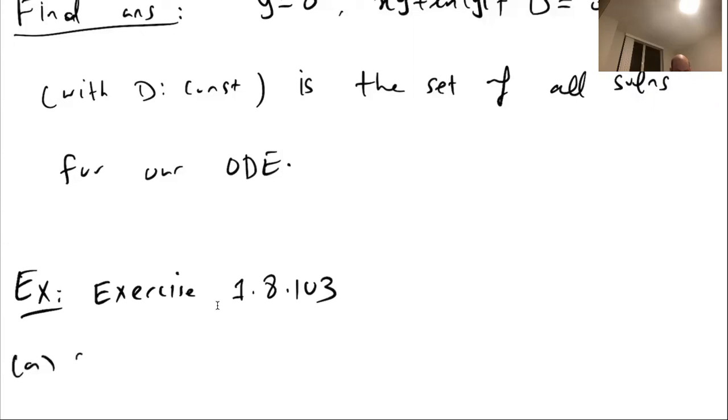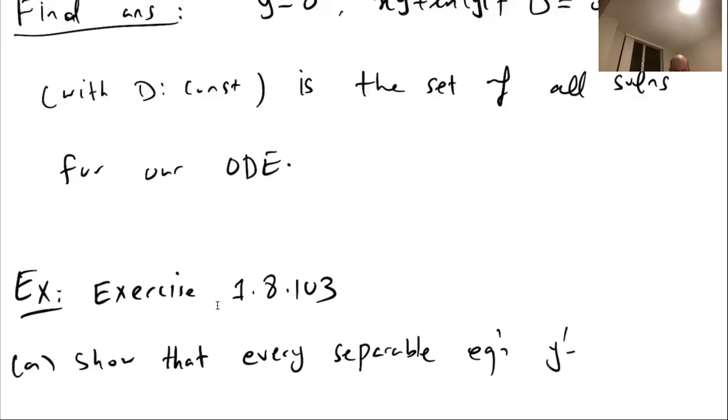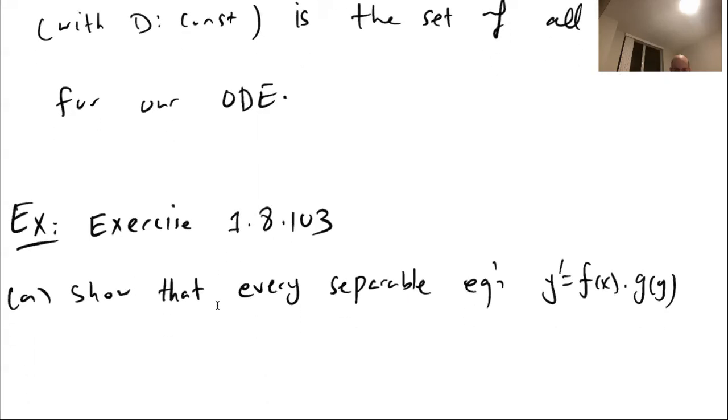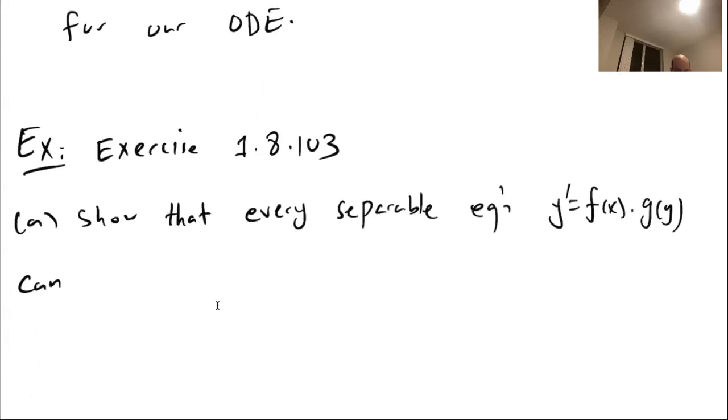Part A, show that every separable equation y prime equals f of x times g of y can be written as an exact equation.